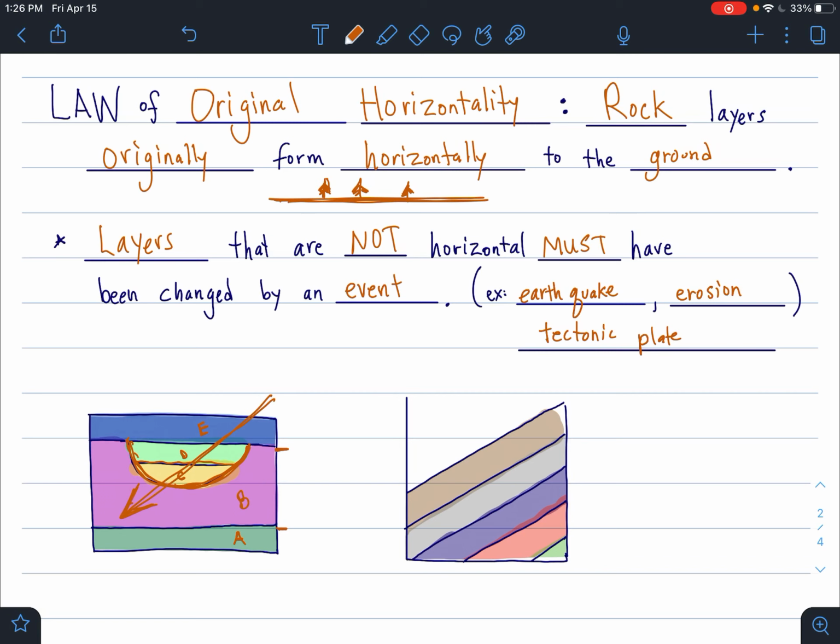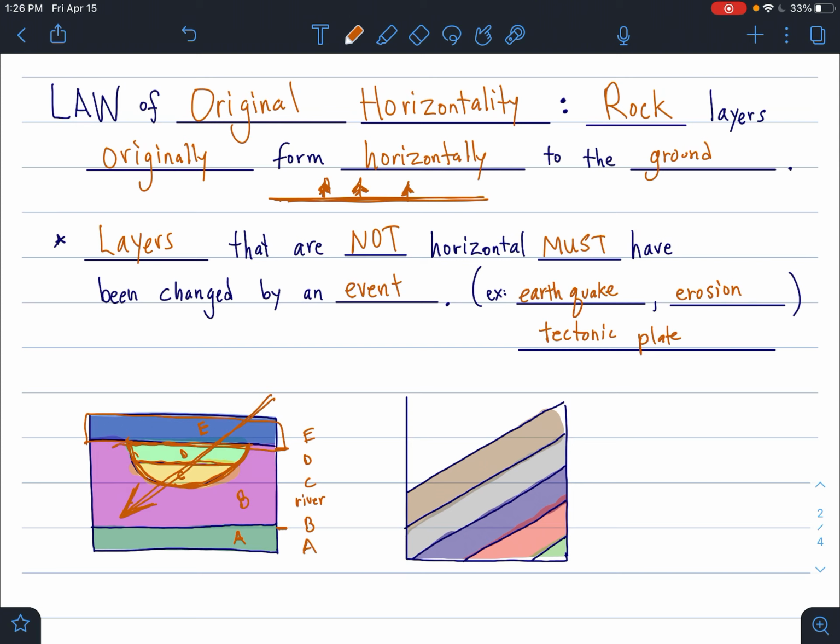Then as sediment formed in the bottom of that river, that would be C, more formed on top of that, which would be layer D, and then finally E formed on top of all of those layers. So to put this in order, it would have been A first, followed by B, and then we would have had a river causing erosion, and then C, and then D, and then E.